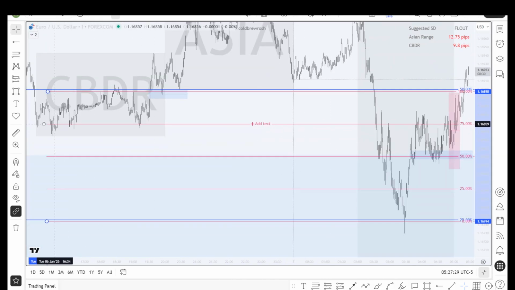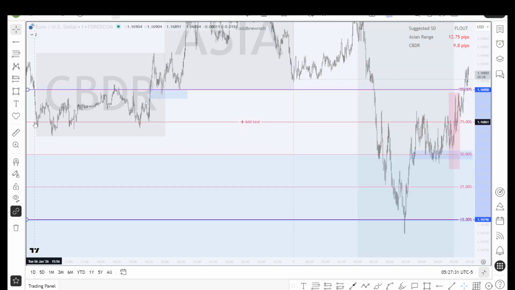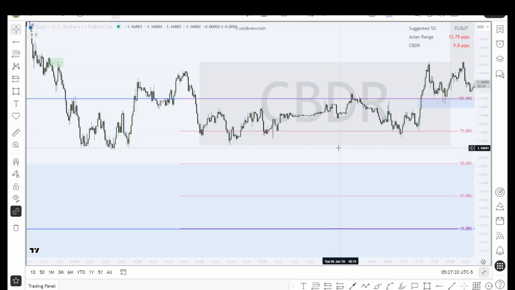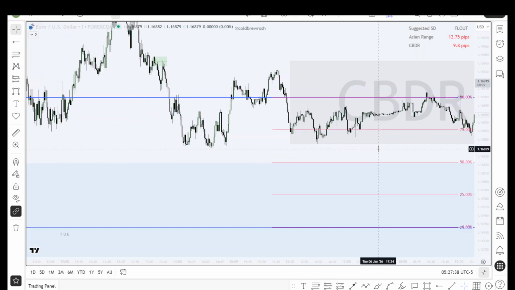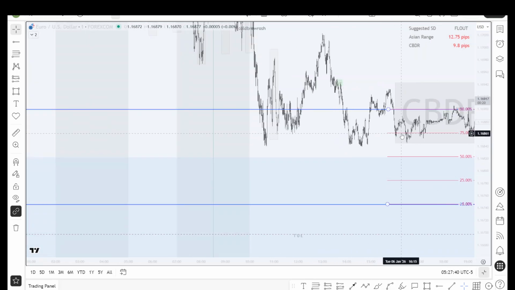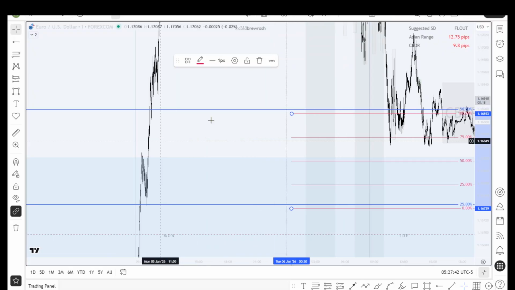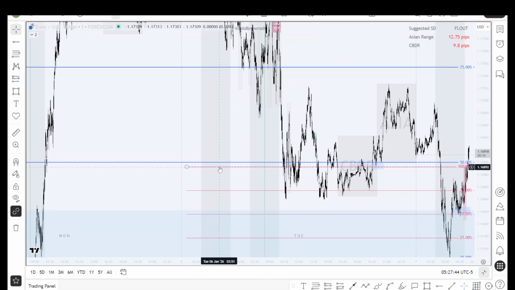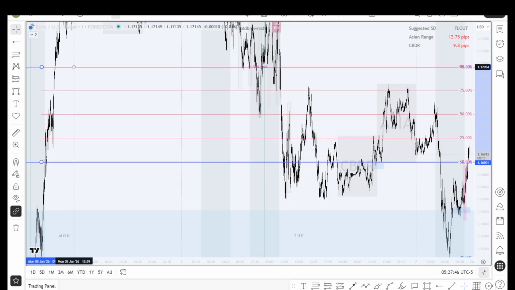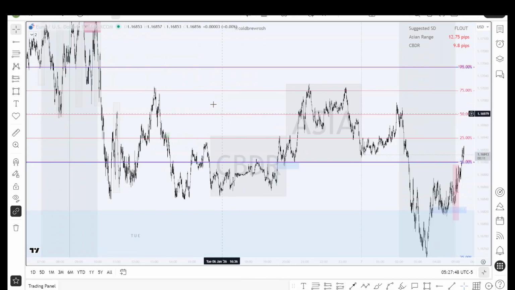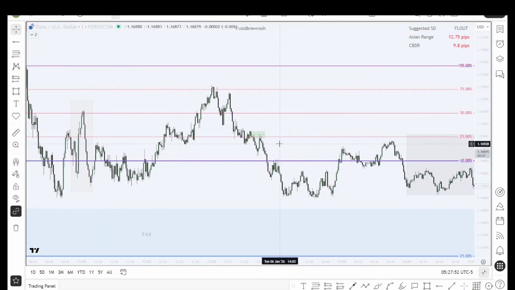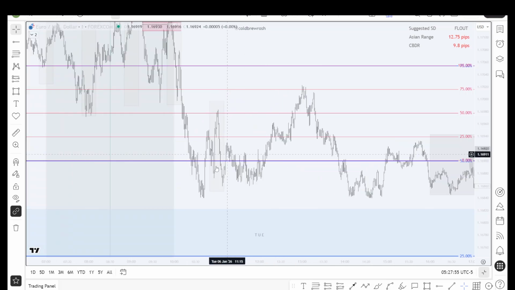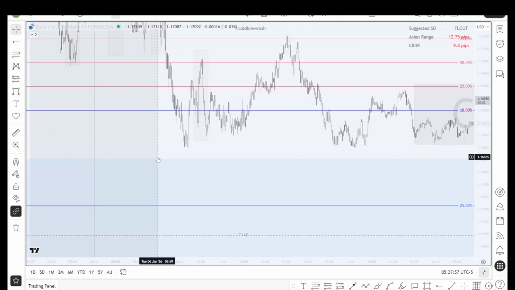Let's drag this one over here. Also in here again, the upper portion is respected, but it's a CBDR, so it's not really trading time. So let's draw it in here. Let's see what time it is here.